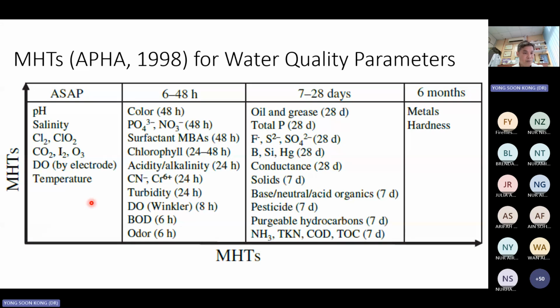So tell me, what are those six parameters? Do you still remember the six water quality parameters for Malaysia? Anyone can switch on the microphone and just tell me. It's in here. You just need to tell me. What is it?